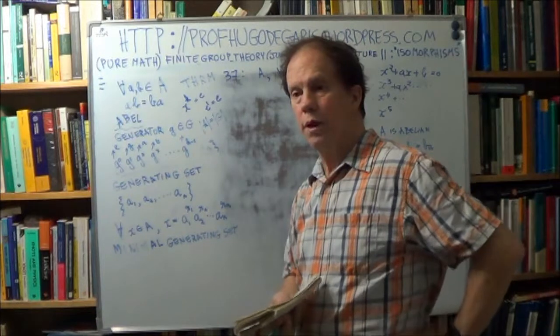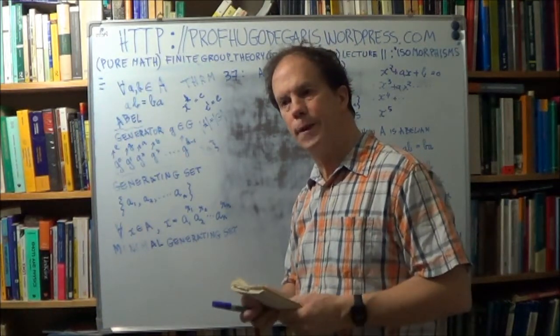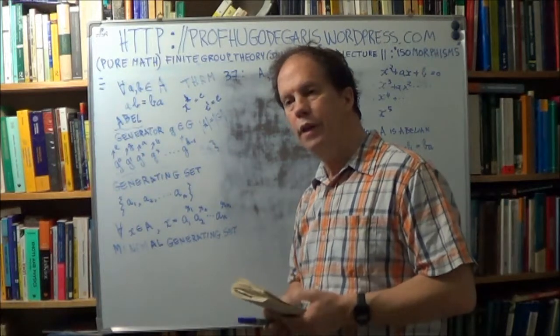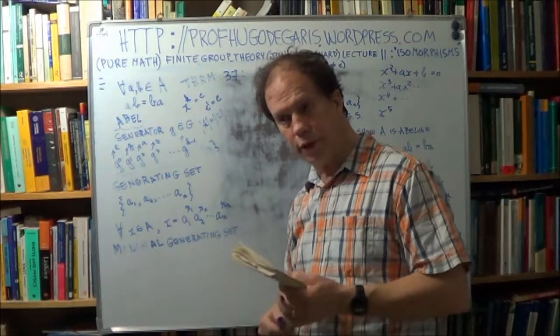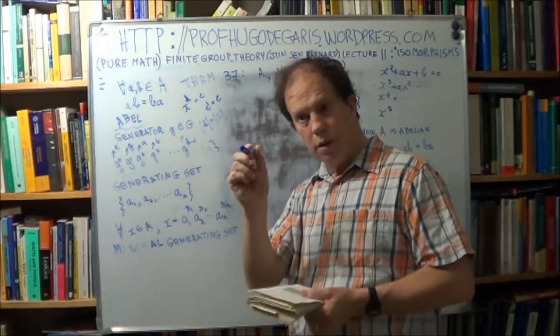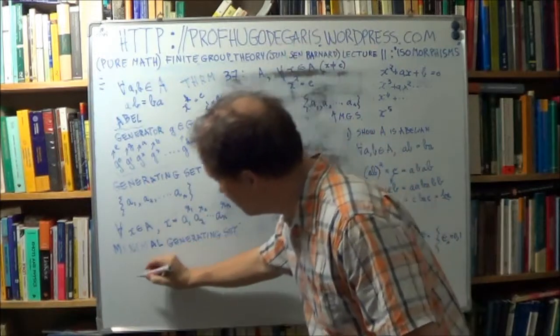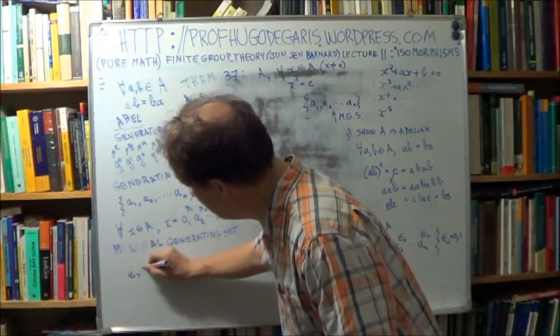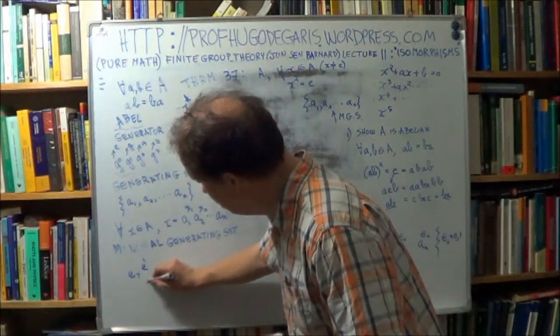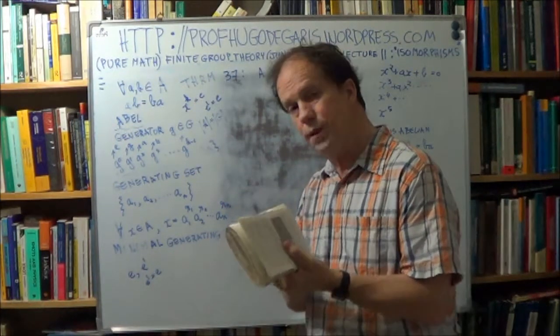Well, we've done that sort of thing at least twice before. We've proven that the unit element of a group is unique, right? And how did we do that? By supposing initially there was a second unit, so E and E dashed, and we proved that E dashed actually equaled E. So we'll do the same here.